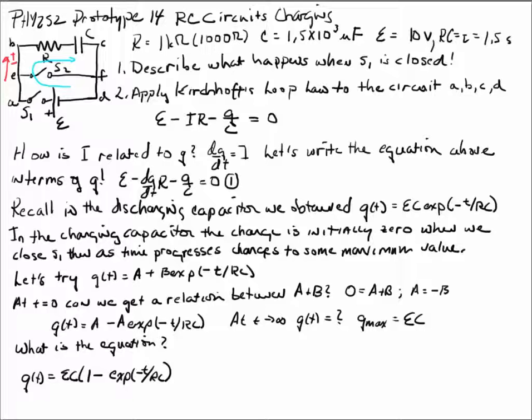It is that Q of t is equal to the EMF times the capacitance times 1 minus exp to the minus t over RC. And once again, RC will be 1.5 seconds. EMF times the capacitance will be 1.5 times 10 to the fourth microcoulombs.